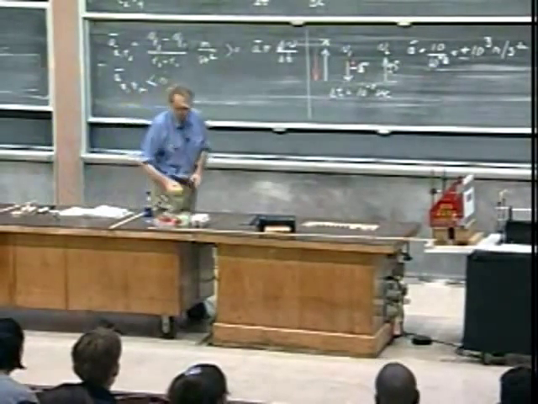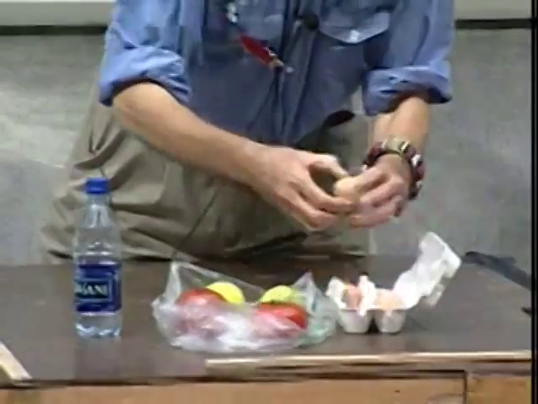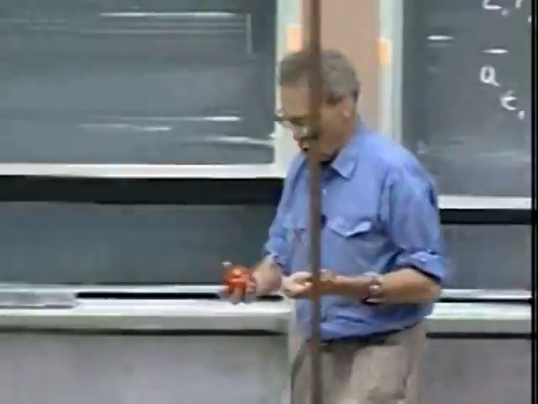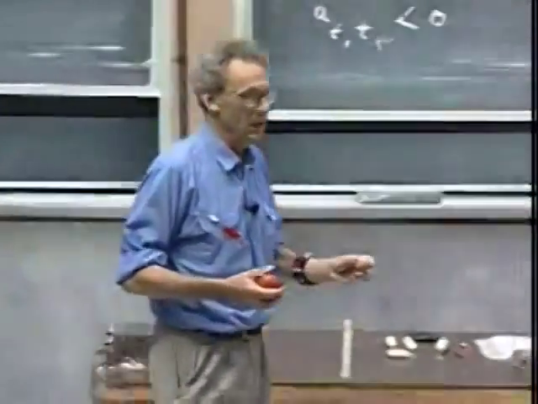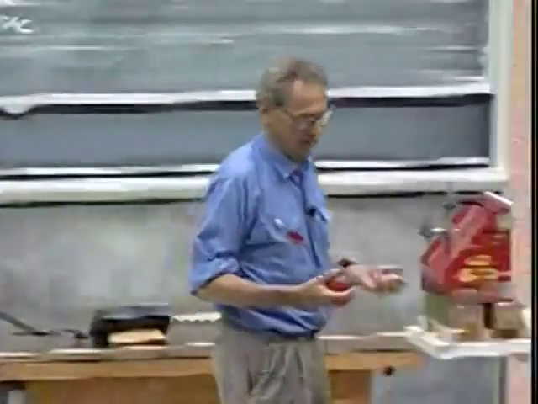I have also here a tomato, and I have here some eggs. Now, imagine now that I throw the tomato down, or for that matter, the egg, and that they hit the floor at 5 meters per second. I could do that. They would not come back up. They would go pfft.